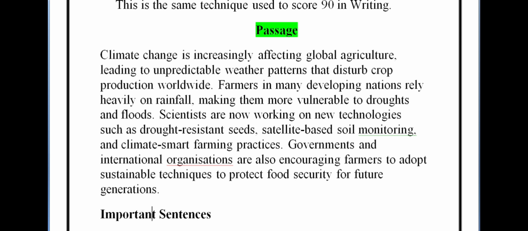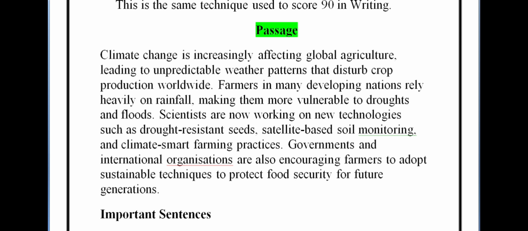Now, a second read, a little quicker. Climate change is increasingly affecting global agriculture, leading to unpredictable weather patterns that disturb crop production worldwide. Farmers in many developing nations rely heavily on rainfall, making them more vulnerable to droughts and floods.